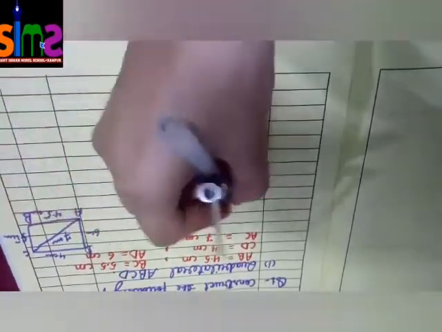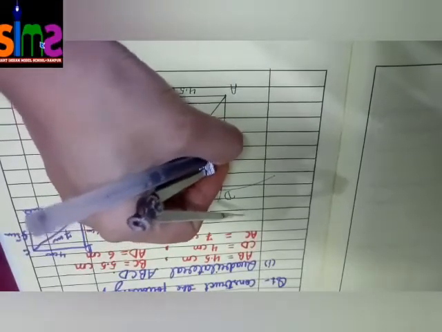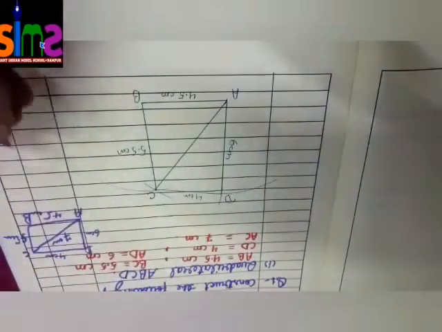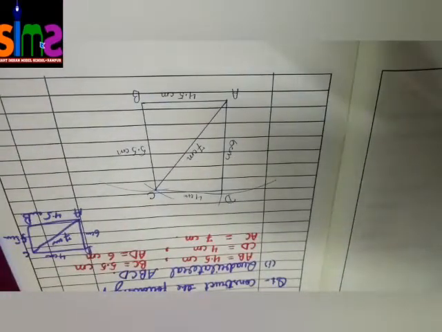We marked an arc of 4 cm here. AD is 6 cm because we marked an arc of 6 cm here. AC is 7 cm. So here is our quadrilateral ABCD.